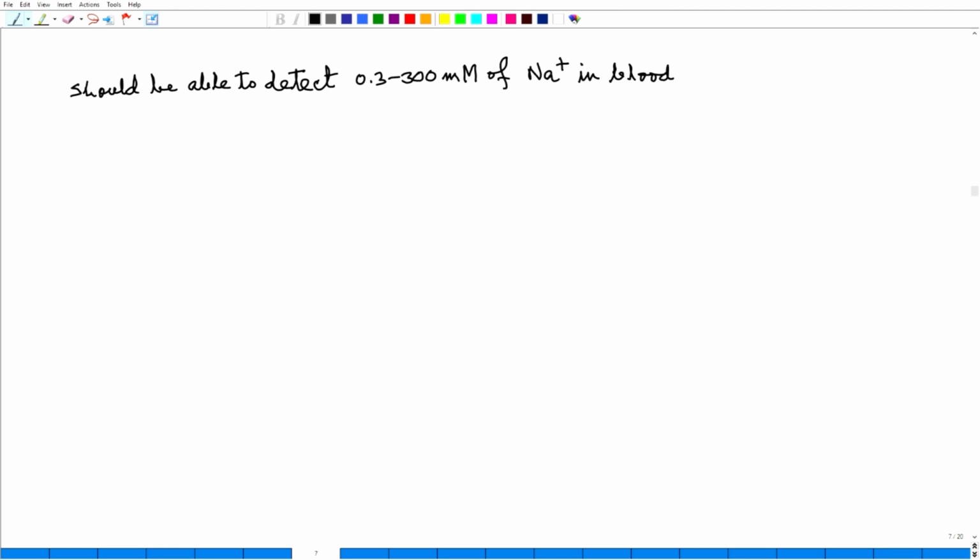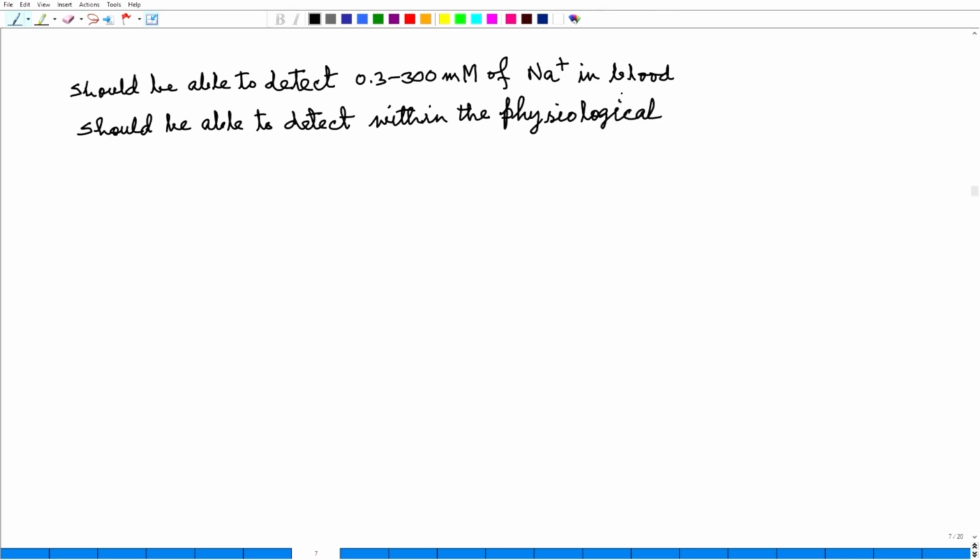Second condition is should be able to detect within the physiological pH, that is 6.6 to 7.8, within this pH range.